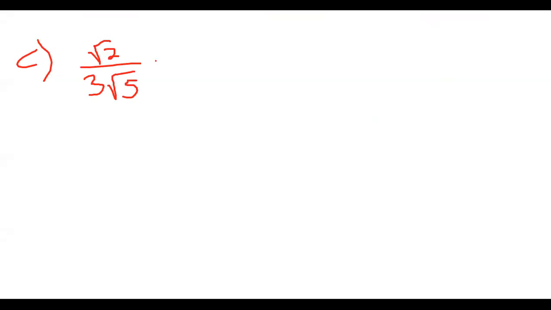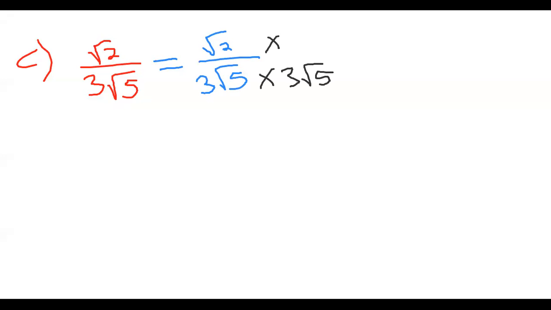So we have said that in case you don't have anything like addition or subtraction in the denominator, you're not adding or subtracting roots, you simply multiply whatever is under the division symbol to both the denominator and the numerator. So this is the same as root 2 out of 3 root 5. So multiply times 3 root 5 times 3 root 5.